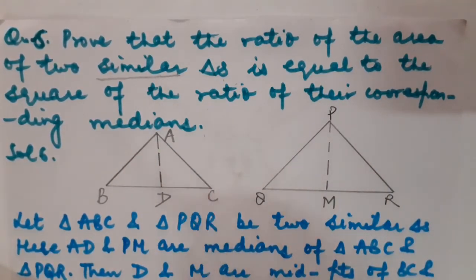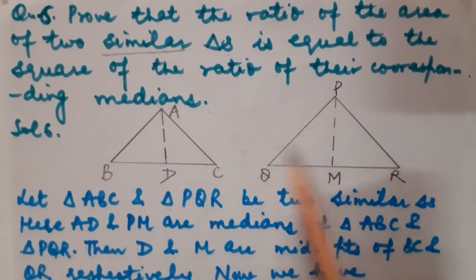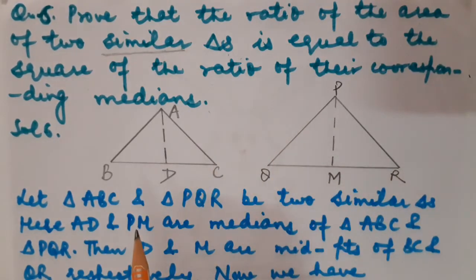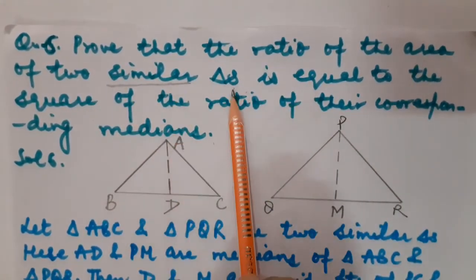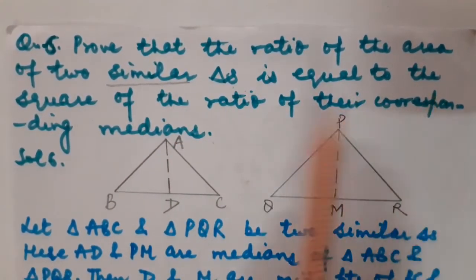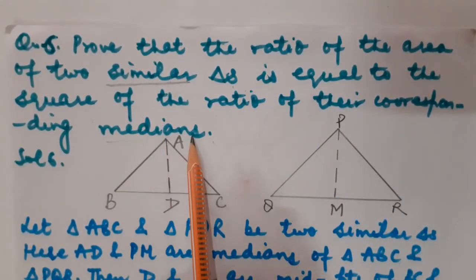According to theorem 6.6, we have just proved that the ratio of the area of two similar triangles is equal to the square of the ratio of their corresponding sides. Okay. Now in this question we have to prove that the ratio of the area of two similar triangles is equal to the square of the ratio of their corresponding medians as well.